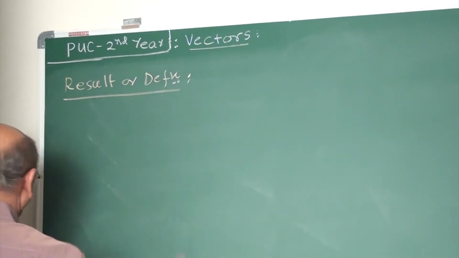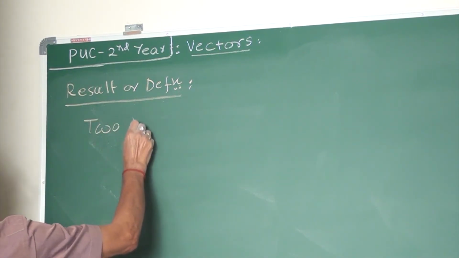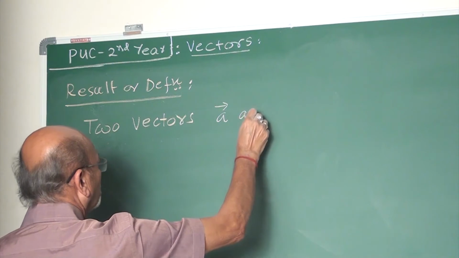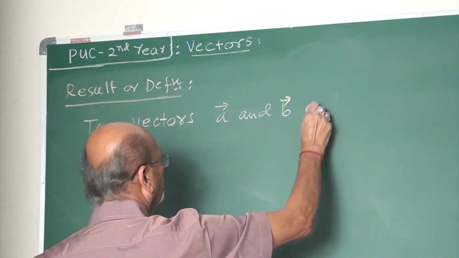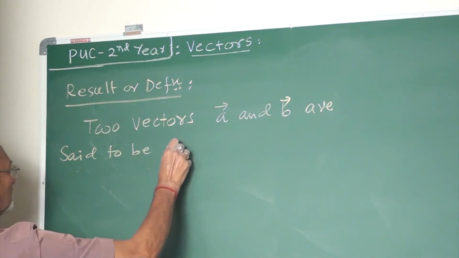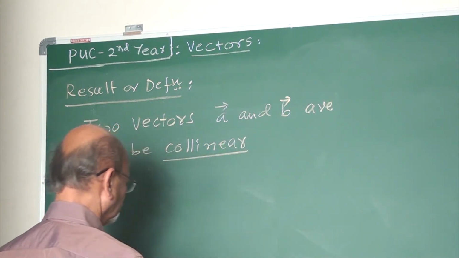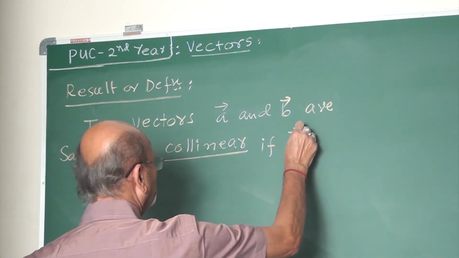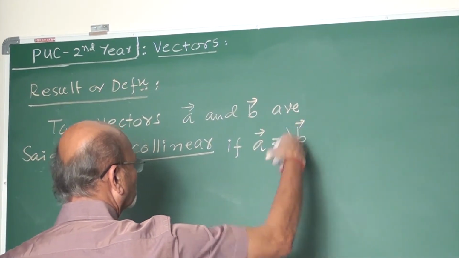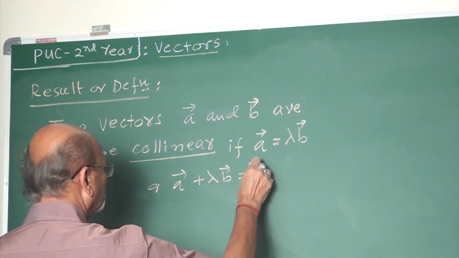Two vectors A and B are said to be collinear if vector A equals plus or minus lambda times B, or vector A plus lambda times vector B is a zero vector.